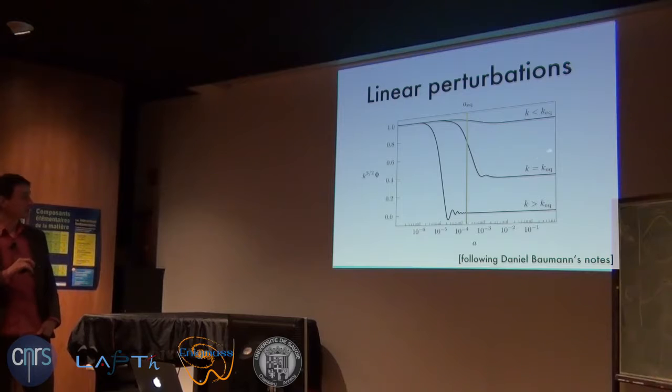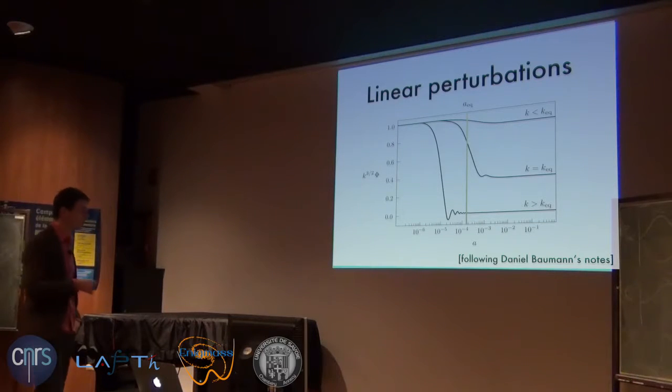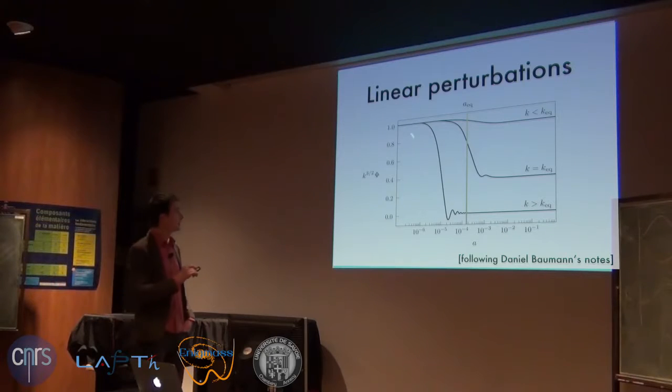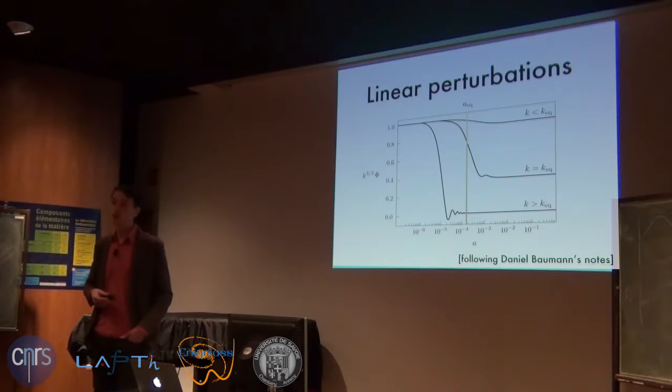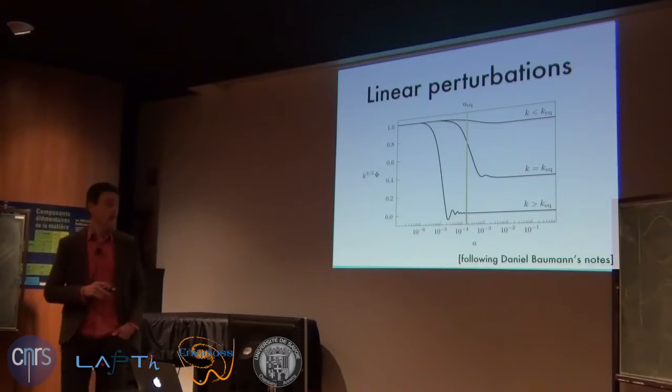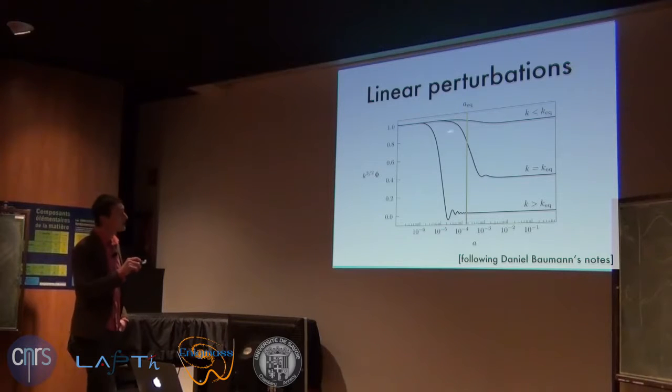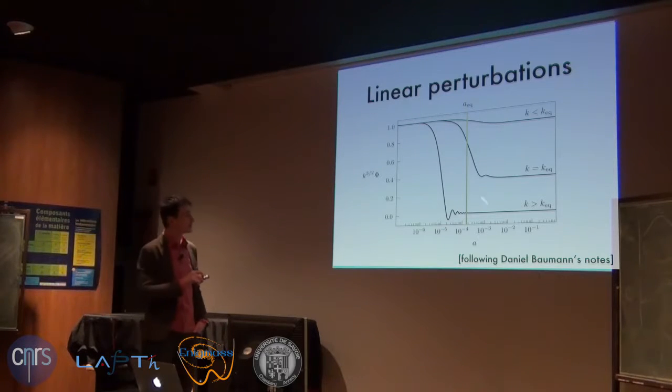There is a k called k equality, which is the mode that exactly enters the Hubble radius when matter and radiation are equal. That's the separation between these two types of modes. And then there's the mode that only re-enters the Hubble radius when matter starts dominating the expansion rate of the universe. This mode has been outside of the Hubble radius while the sub-Hubble scales were oscillating.